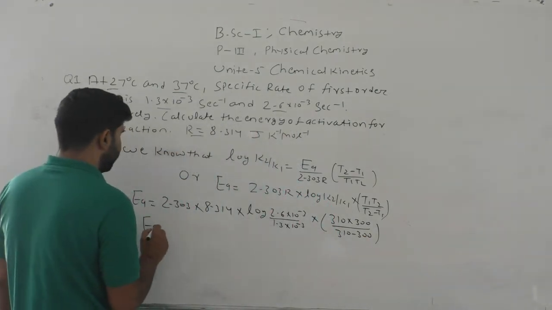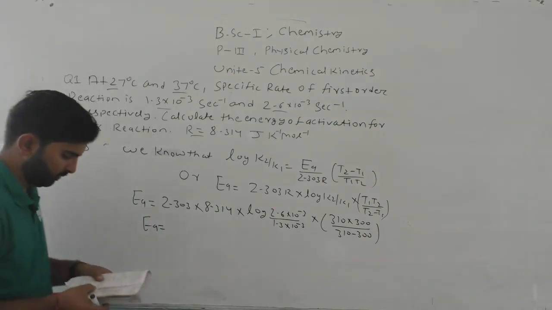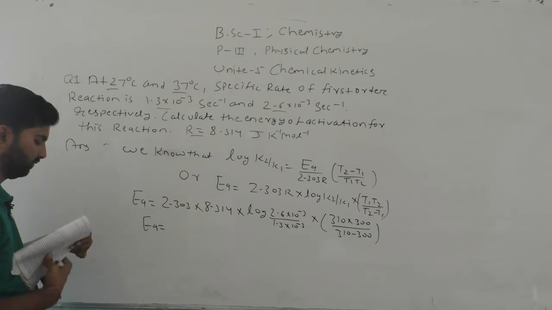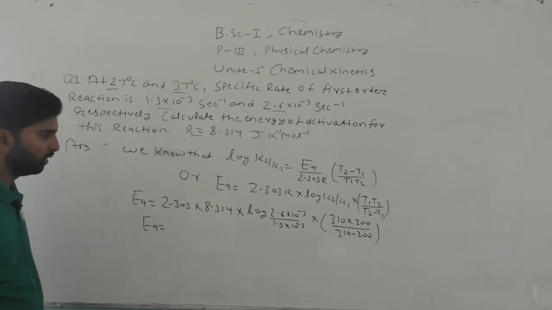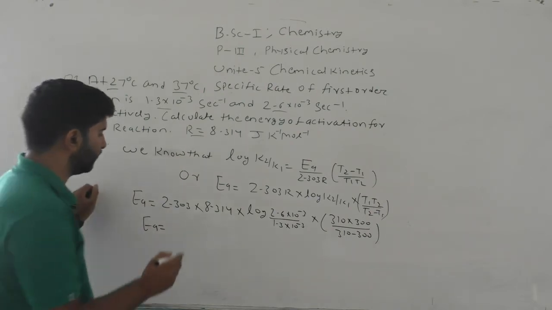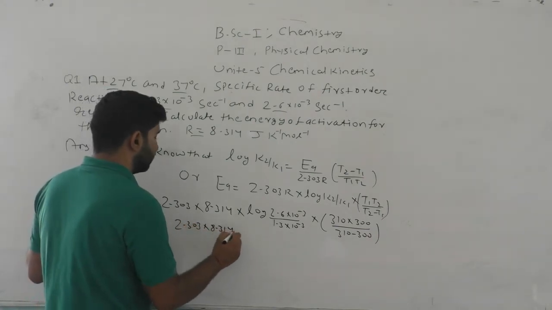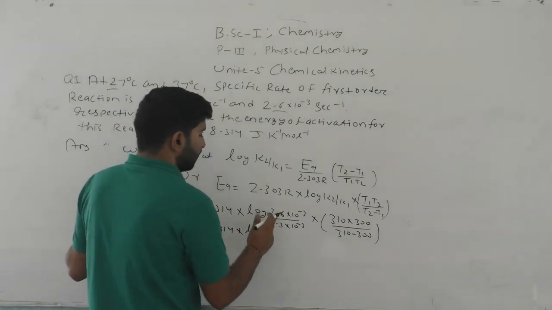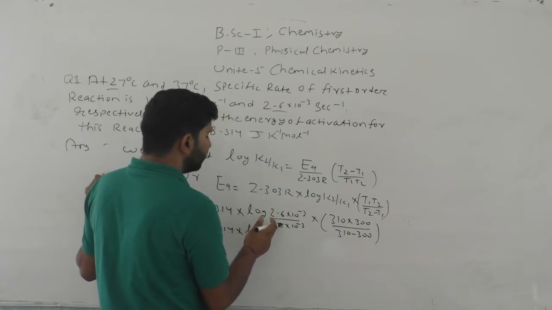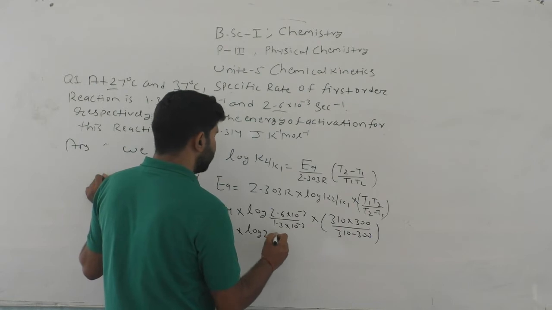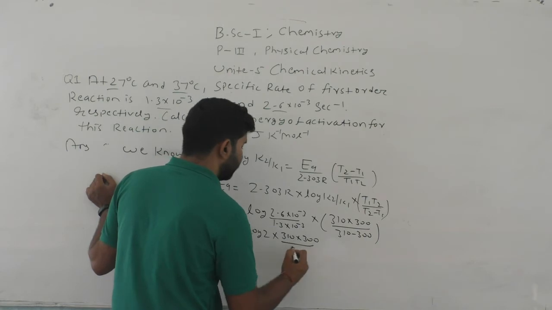Hence EA, by solving this equation, comes out equal to 2.303 × 8.314 × log 2 multiply 300 upon 10.